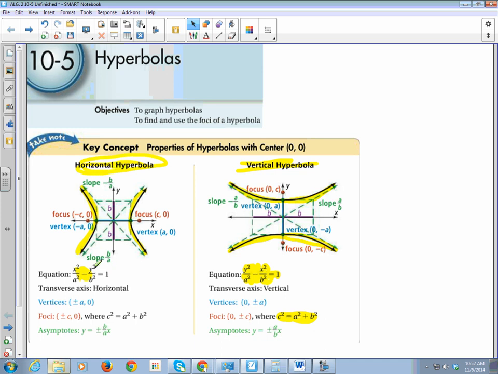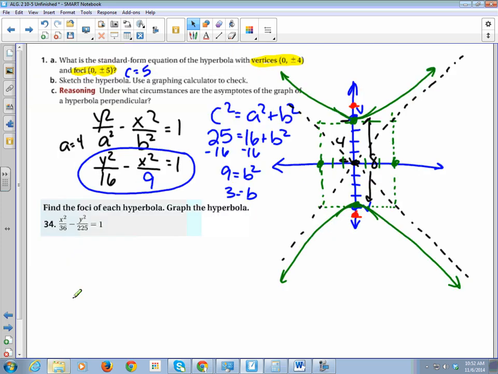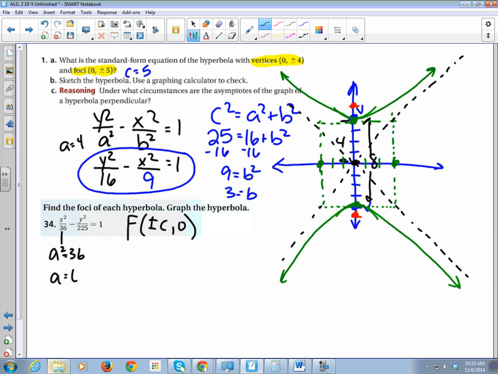So we're going to use this information, and we know that the focus is at plus or minus c comma 0. So we're going to find a. If a squared is equal to 36, then a is equal to 6. If b squared is equal to 225, then b is equal to 15.